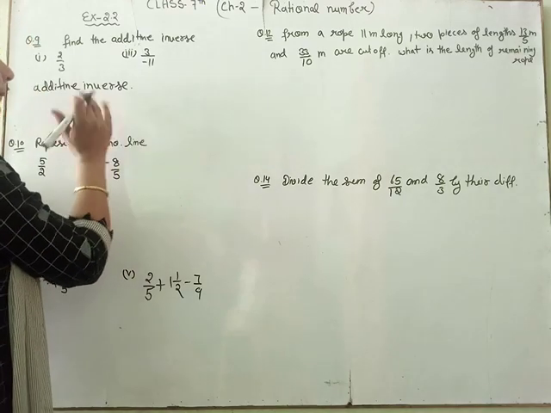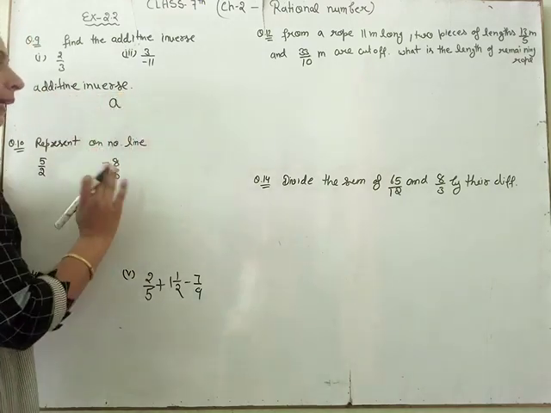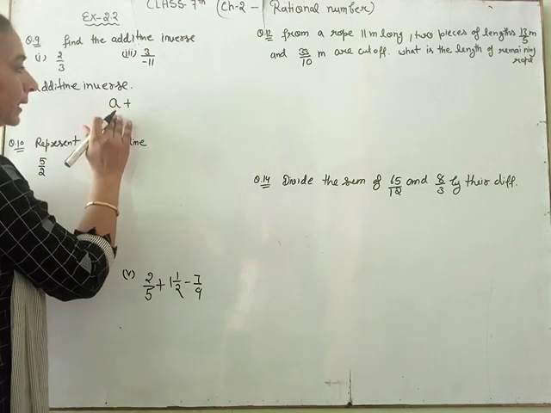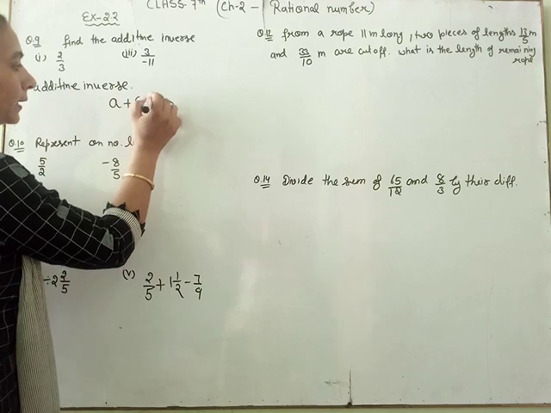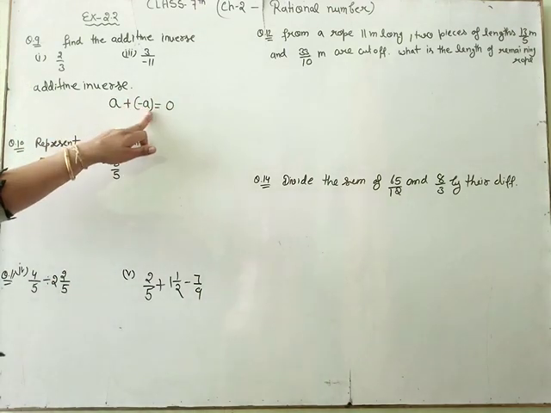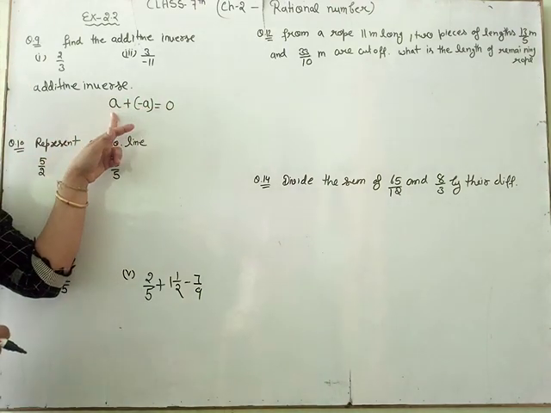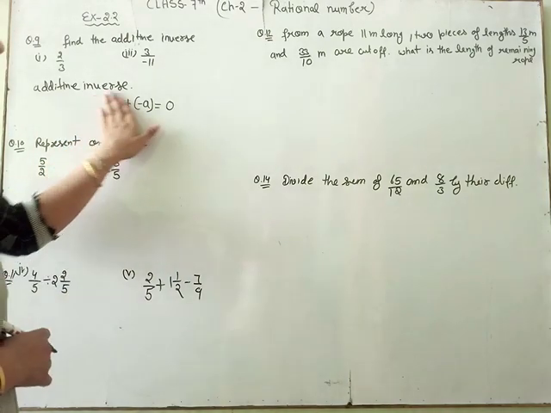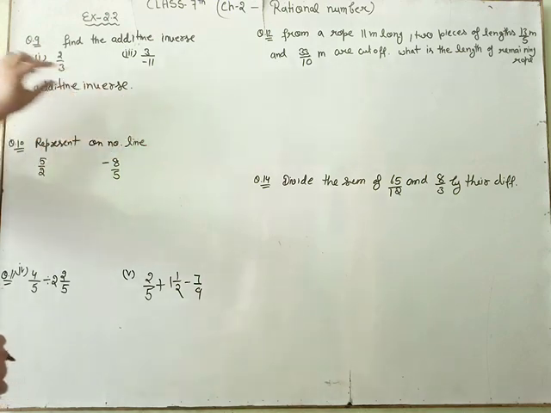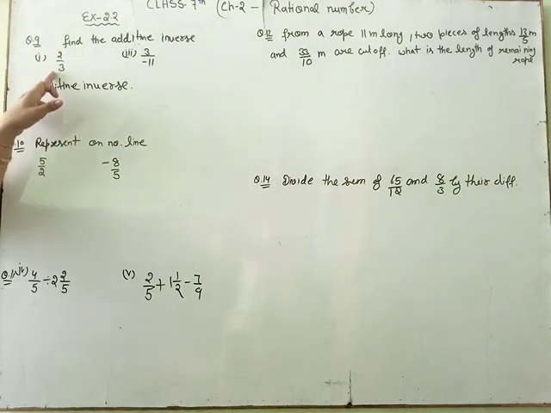So for this, if we have any number a, what we add to this number so that we get 0 is minus a. Minus a is the additive inverse of a, and a is the additive inverse of minus a. So in this question, we find the additive inverse of 2 by 3.